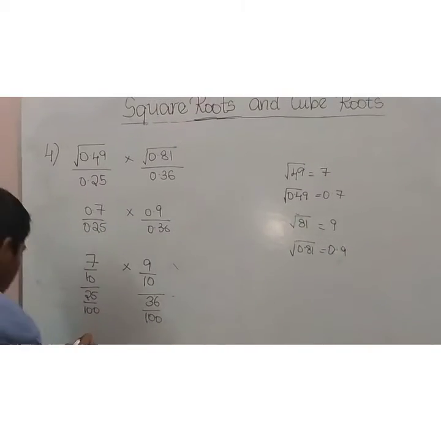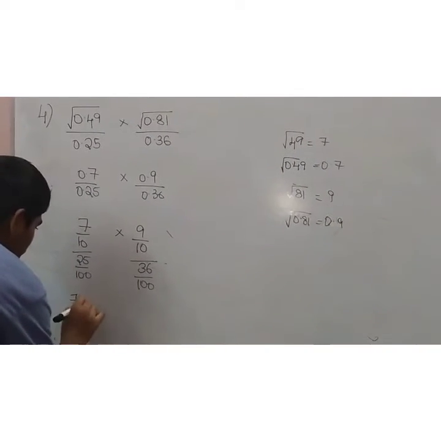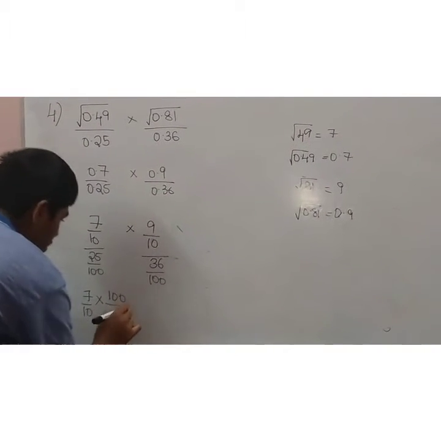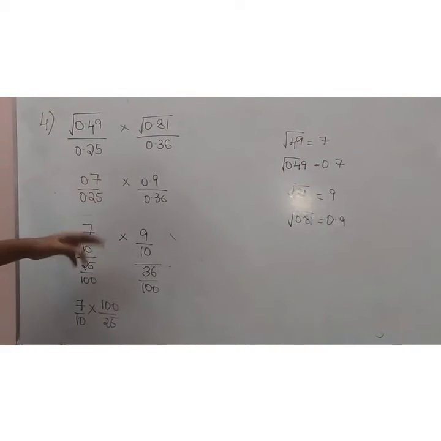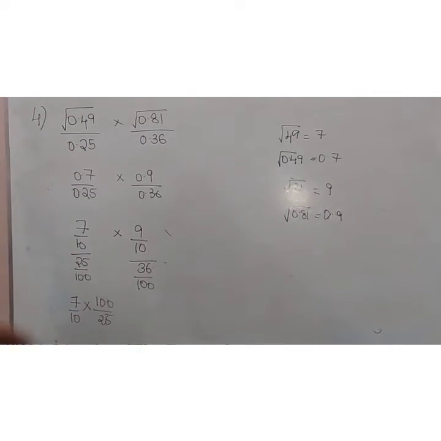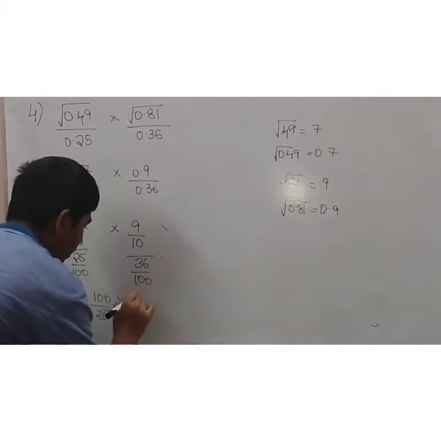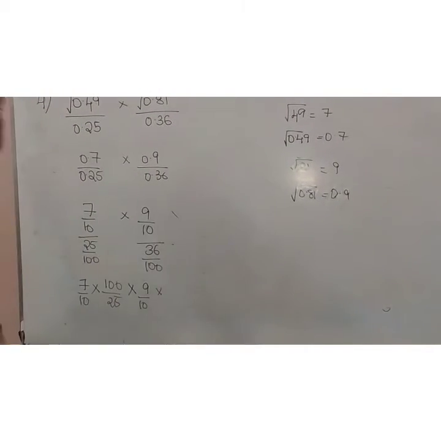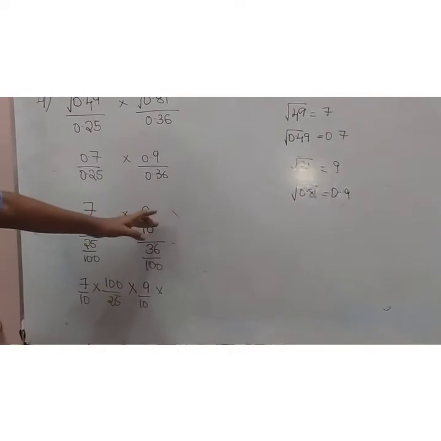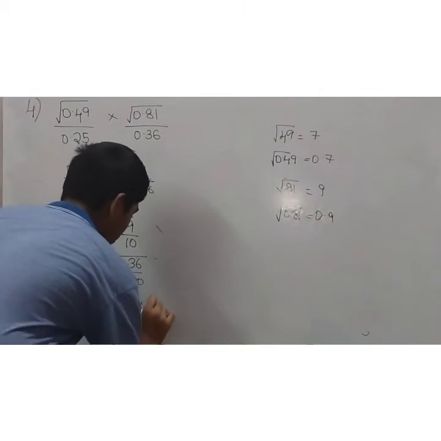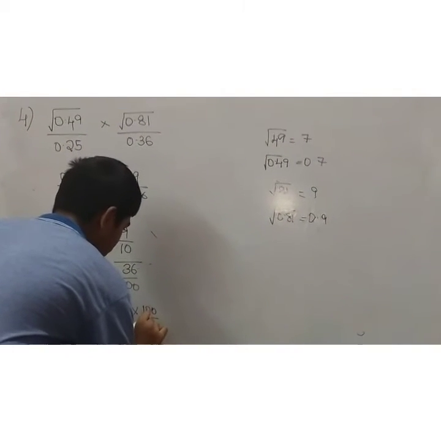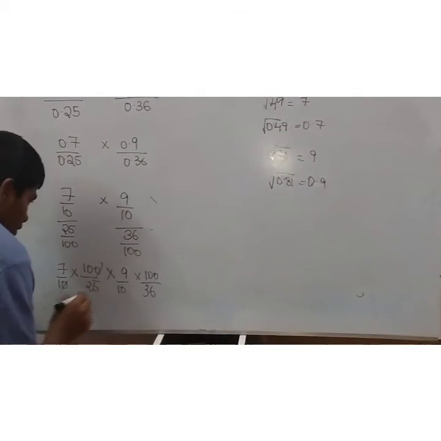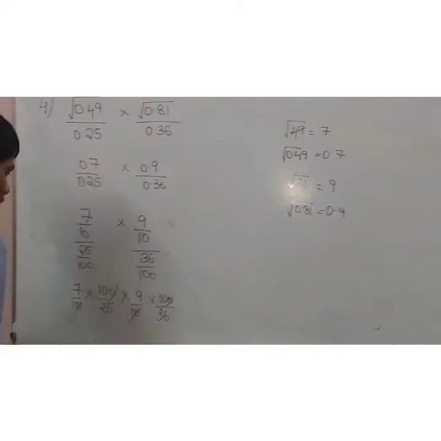Now 7 by 10 into 100 by 25, because division becomes multiplication with the reciprocal, into 9 by 10 into 100 by 36. Now the zeros get cancelled.